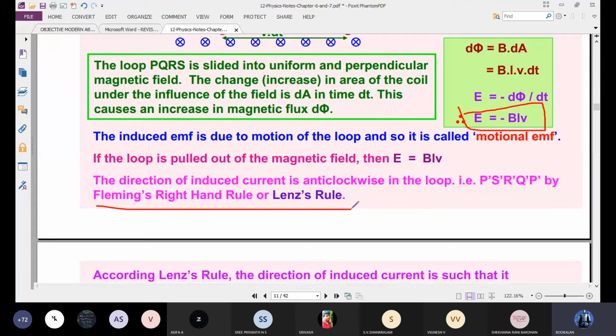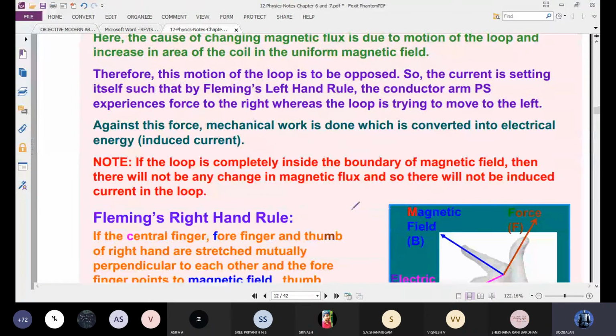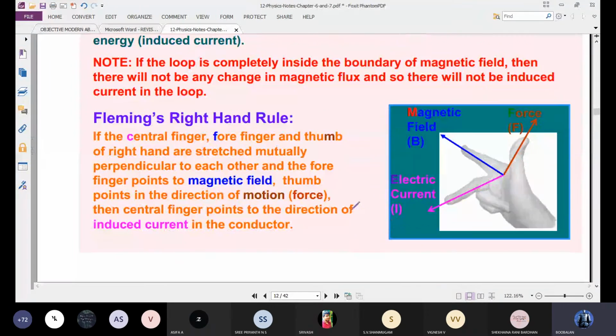For EMF, it is the right hand rule. For an electric motor, it is only the left hand rule. Fleming's left hand rule means it is the electric motor. For a generator, the induced EMF uses Fleming's right hand rule. Note down Lenz's law and Fleming's right hand rule.